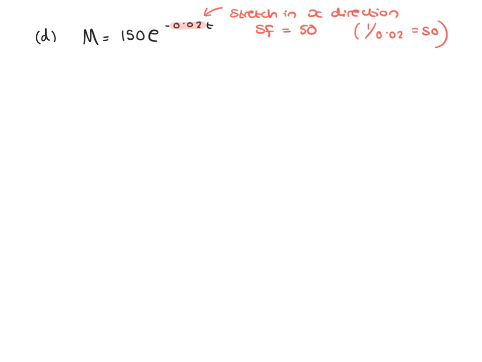We have a reflection here in the y-axis, and we have, last of all, a stretch here in the y direction or parallel to the y-axis with a scale factor of 150. So again, we can sketch these in 3 different stages and check on our graphical calculator.